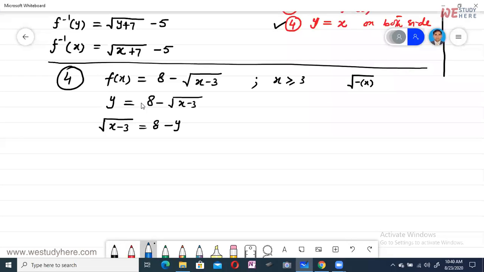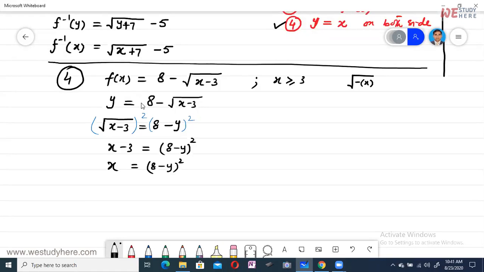Now this square root we need to cancel. Then we will take the square on both sides. Then square cancels with square root. Here is x minus 3 and this side is 8 minus y whole square. Then x as it is, 8 minus y whole square as it is.